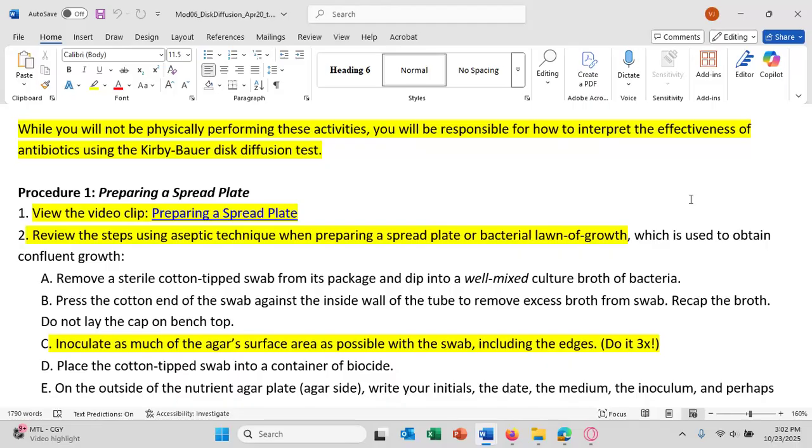I once had a student who did something like this, just a couple of quick swipes, and then she was done. And then she put her disc on the plate, and then she grew it up, and there were vast holes in her plate where she hadn't swabbed. And she said, well, how can I measure the zone of inhibition?